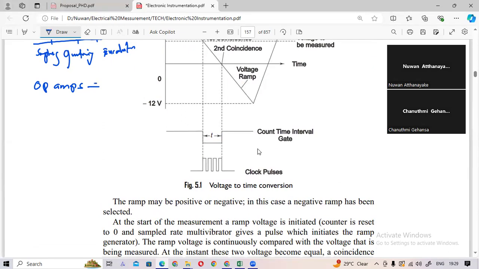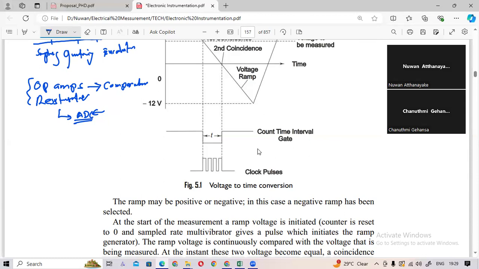Op-amps we can use to compare voltages, so we can use op-amps as a comparator. Using comparators, op-amps and resistors, a resistor ladder, we can easily implement an ADC. That is the most basic one.